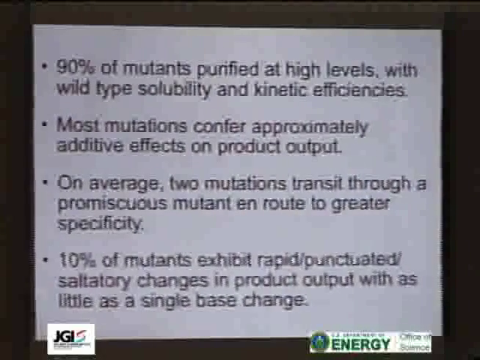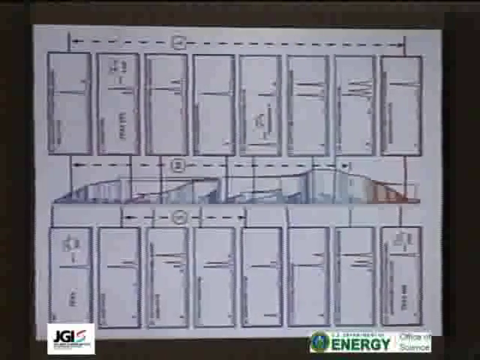So about 90% of those, let me go back. One more thing. While most things go through this promiscuous intermediate, we do have some things that exhibit what we call saltatory changes. If you look at this mutant, this is an M7. We've made 7 mutations in this mutant, but it's retained wild-type activity. There's a SNP that's non-synonymous, and we now flip the enzyme into a primnospiridiene synthase.